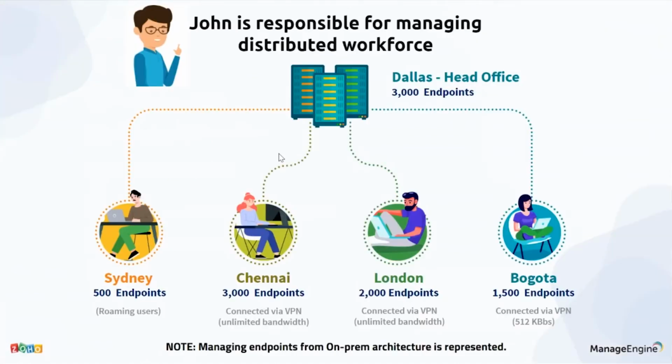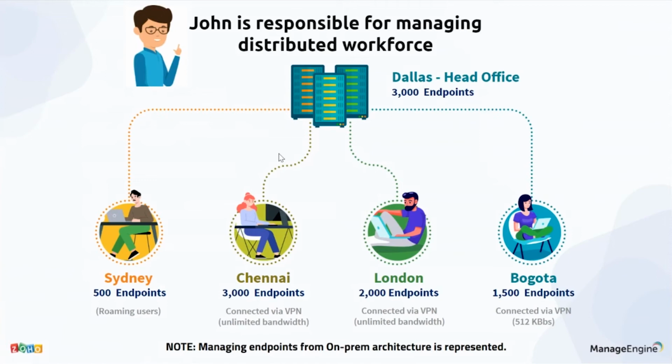Okay? So let us consider myself as John, and I'm responsible for managing around 10,000 endpoints, which is my company workforce. So it's going to be a distributed model. With regards to the on-prem architecture, I will have Desktop Central installed in my head office.